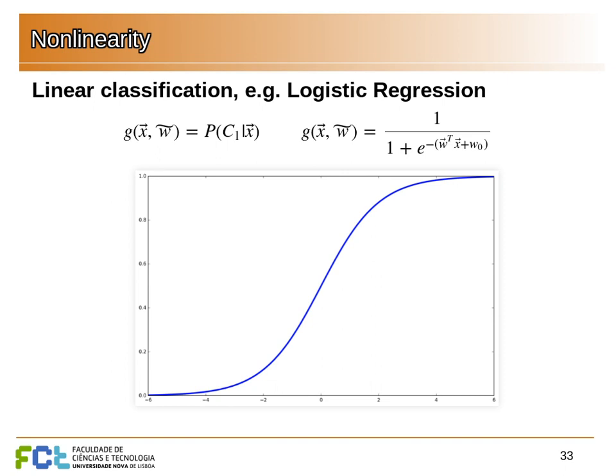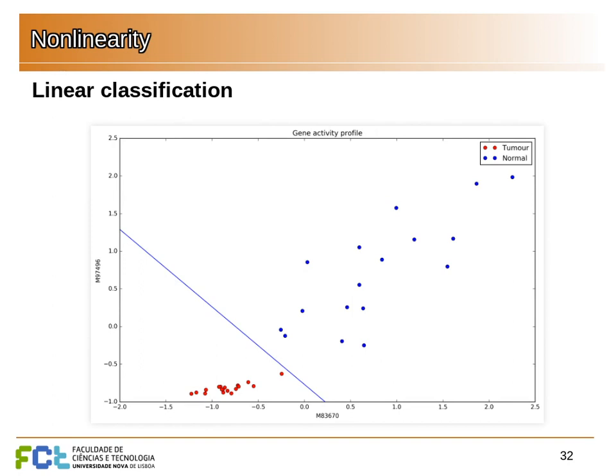So if this is close to 0, we say that this example belongs to class 0. If it's close to 1, then we say it belongs to class 1, and we can draw a threshold here at 0.5. So using this, we can put the threshold here, and one class is on this side, and the other is over here.